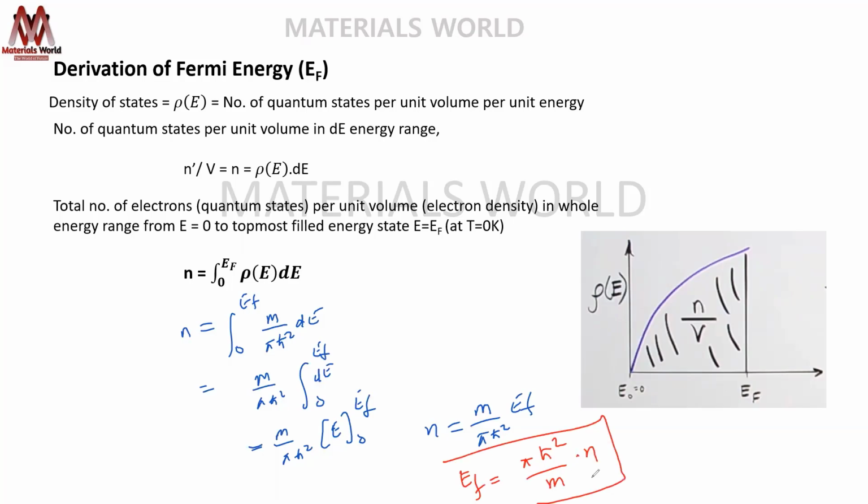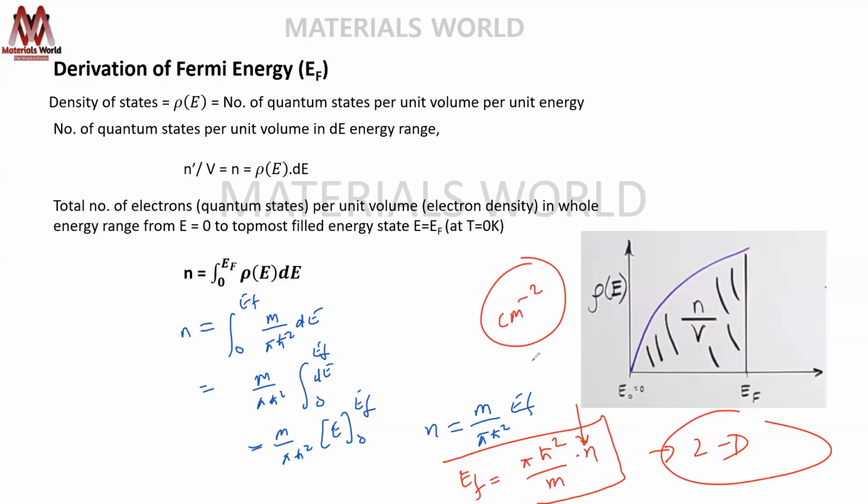This is the typical relation for 2D. Here n is the number of electrons per unit area, because it is 2D, so its unit will be centimeter to the power minus 2, and this is the Fermi energy.